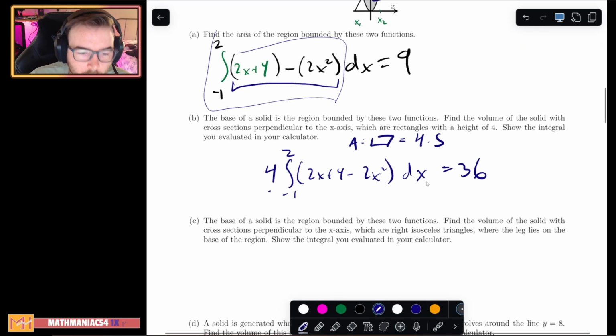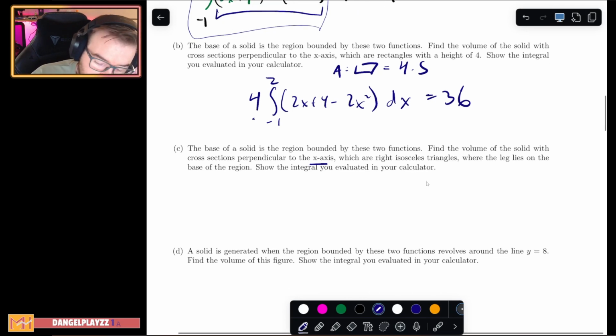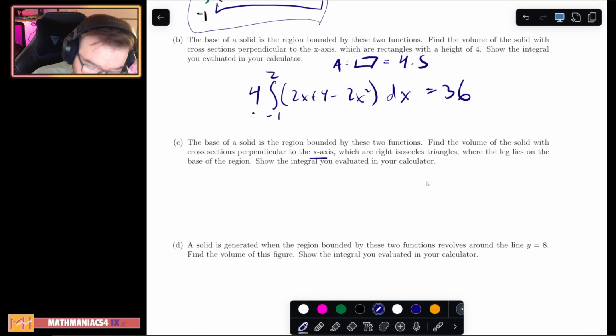Okay. Now, this same base of a solid. Find the volume where the cross sections are still perpendicular to the x-axis when they are right isosceles triangles. So the area of a right isosceles triangle with the leg lying on the base is simply half s squared.